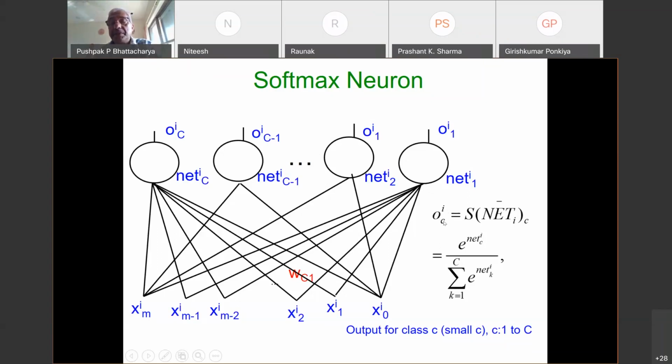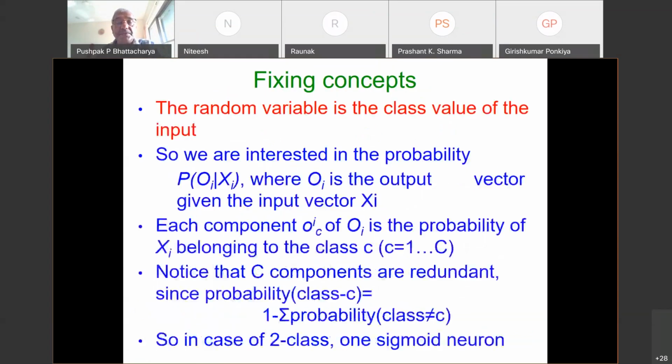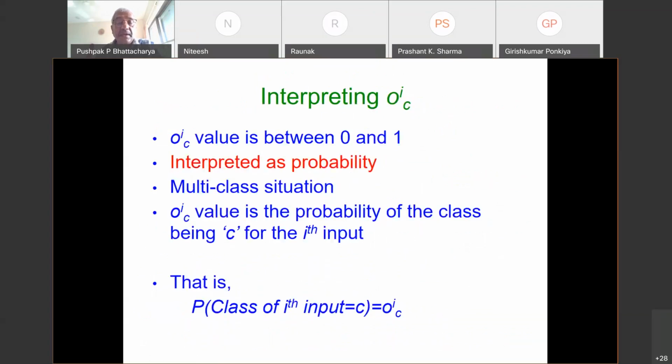And the cth component is e to the power net iC divided by the summation of e to the power net ik, k going from 1 to C, as per the definition of softmax. So there is no hidden layer yet. Now, maximum likelihood and cross entropy loss, of course, can be understood. We can come back to that later.